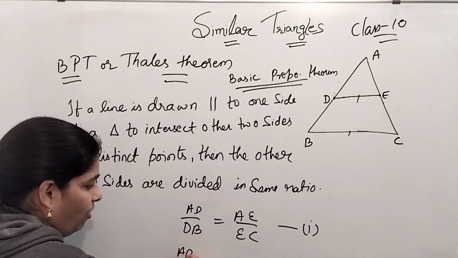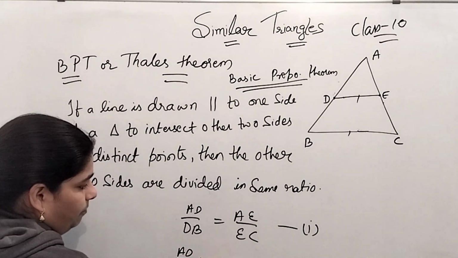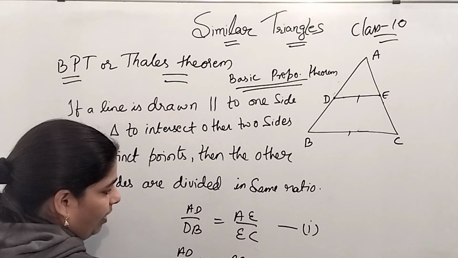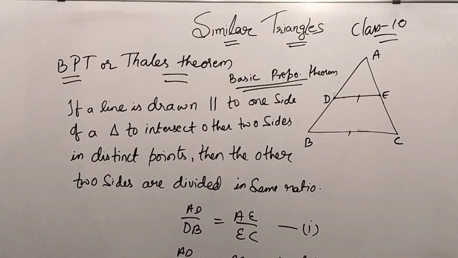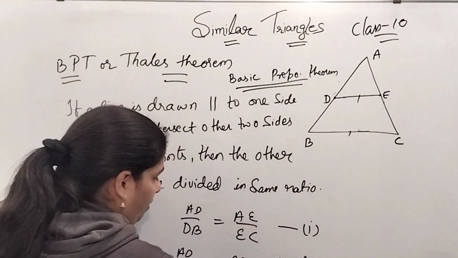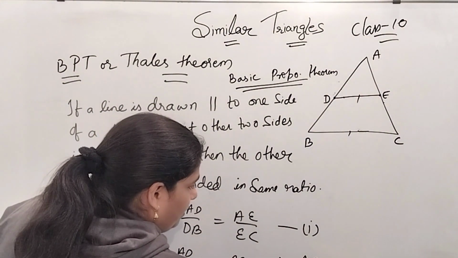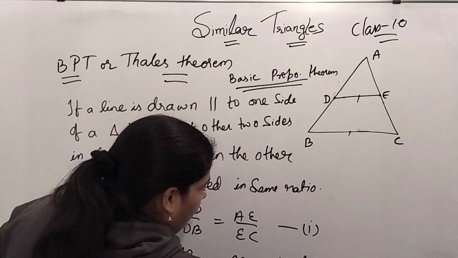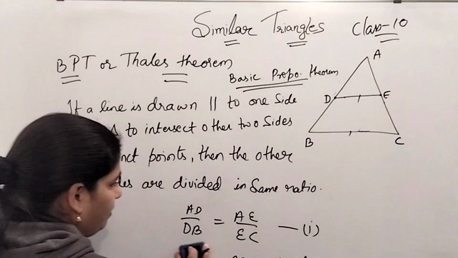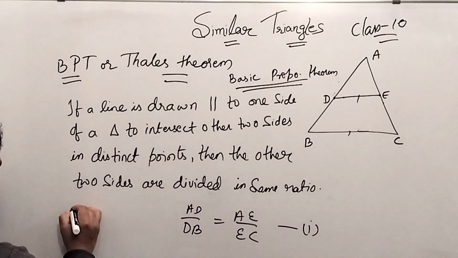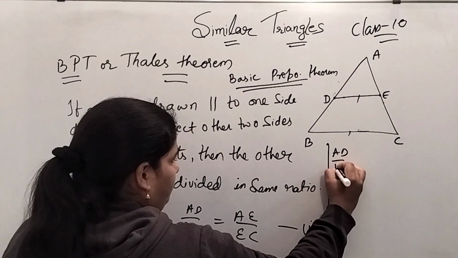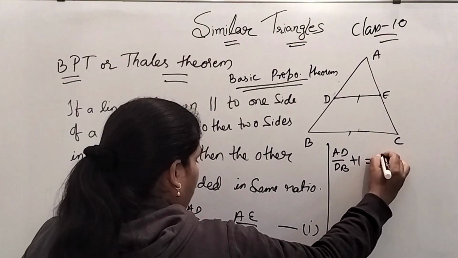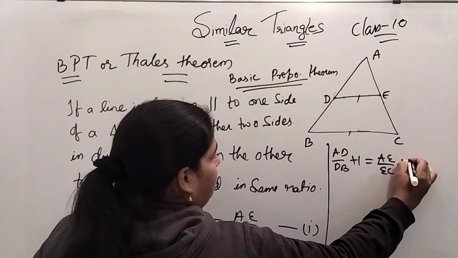Now if I add 1 to both sides, then AD by DB plus 1 is equal to AE by EC plus 1.